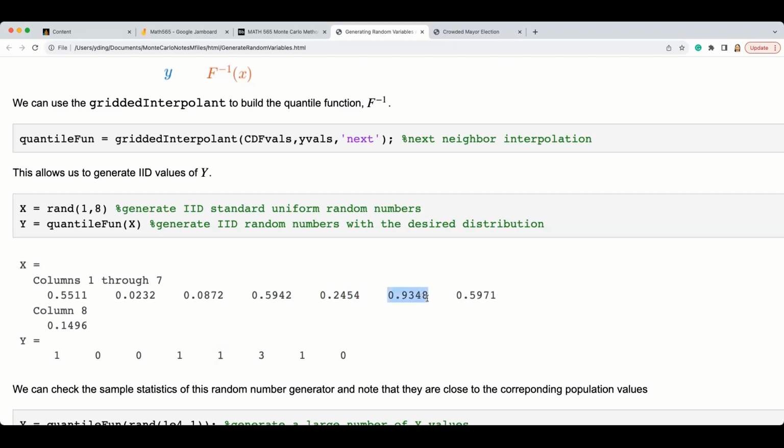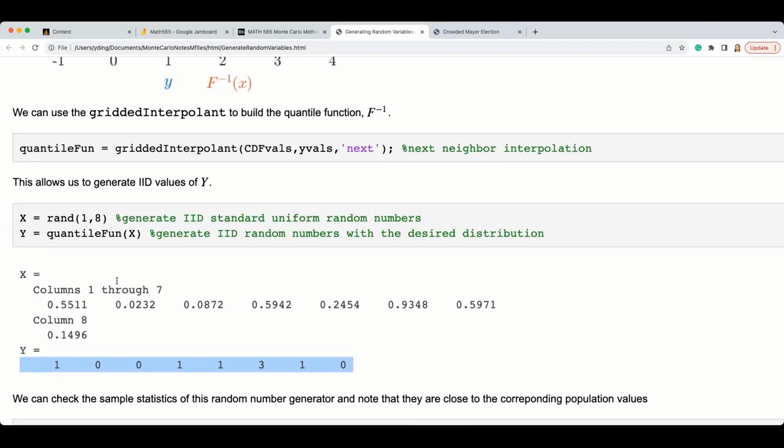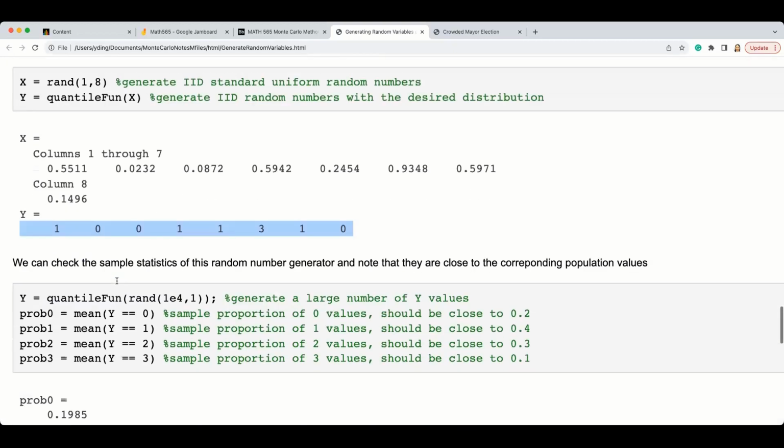This is 0.93, so it will be 3. And this is 0.59, so we get 1 and 0. So here, that's the y we can generate corresponding to x. That's how we generate for a discrete random variable. Is that okay?